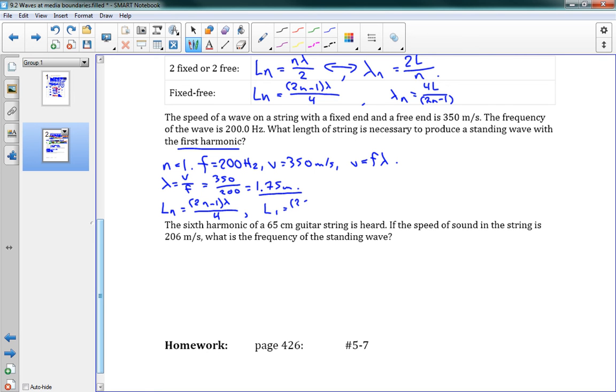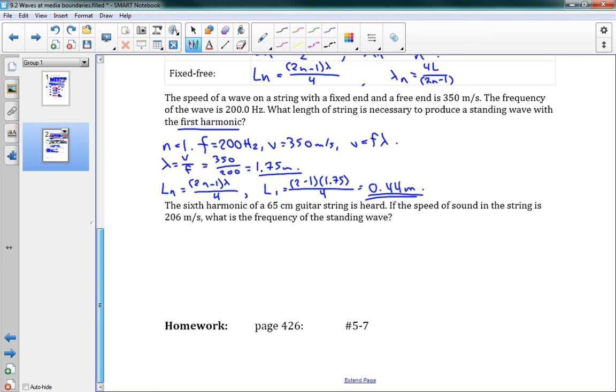So 2 minus 1 times 1.75, all divided by 4. And this gives us 0.44 meters. So that's how long our string needs to be to get that first harmonic with that frequency.